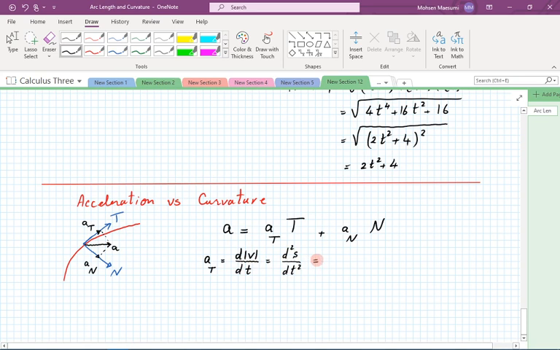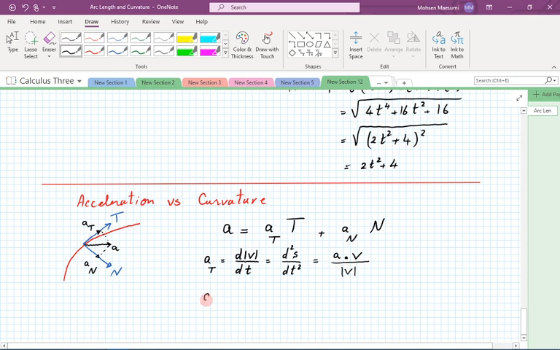Finally, from just vector calculus, what is the projection of this on that vector? You simply need to take the vector that you want to take a projection of, dot it with your velocity or with T, and then divide it by your absolute value of velocity in that direction.